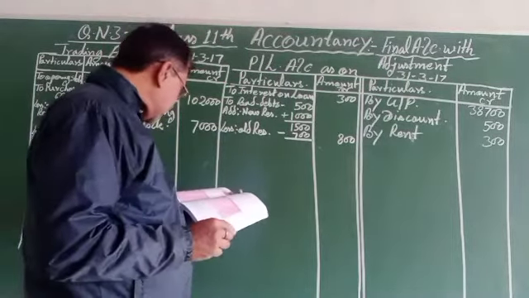And next, purchase and sales return, carries outward. Carries outward given 2,500.